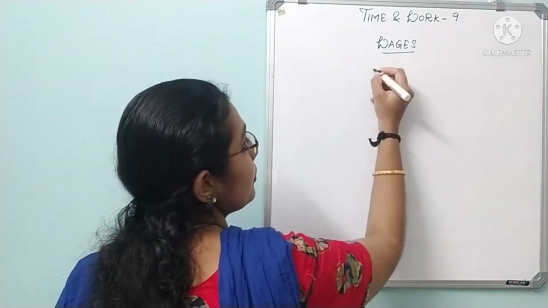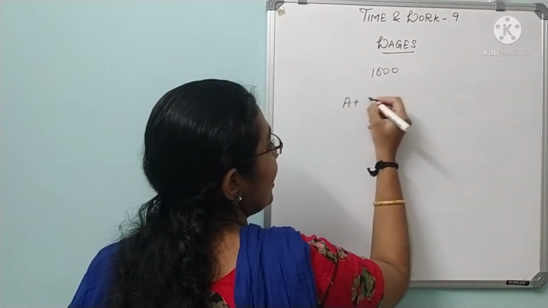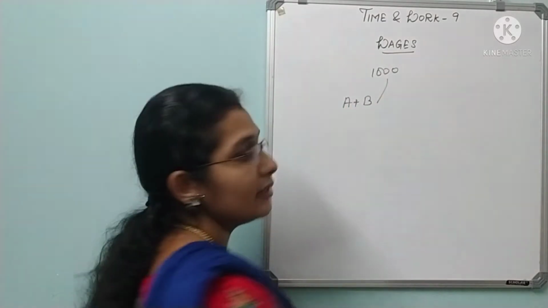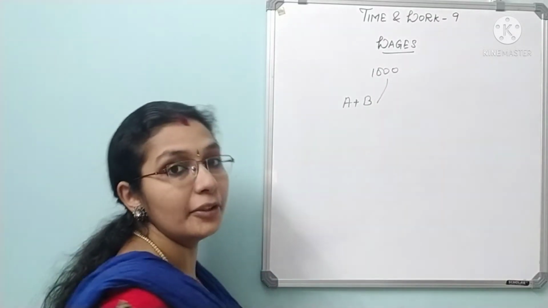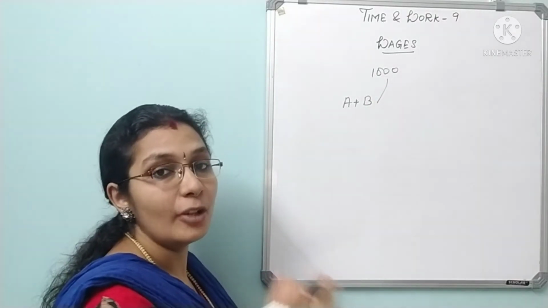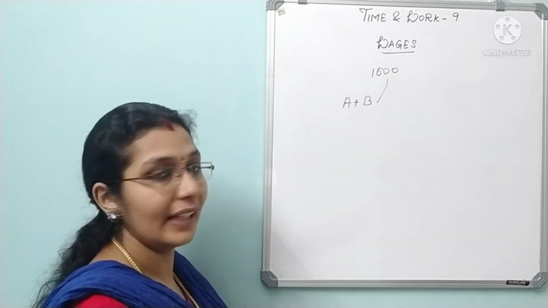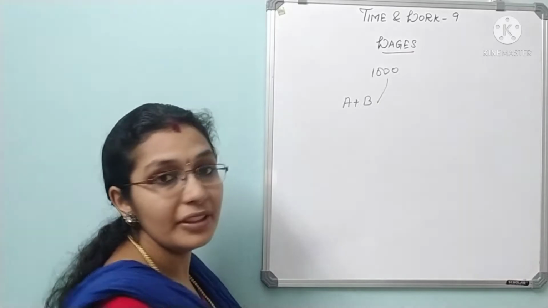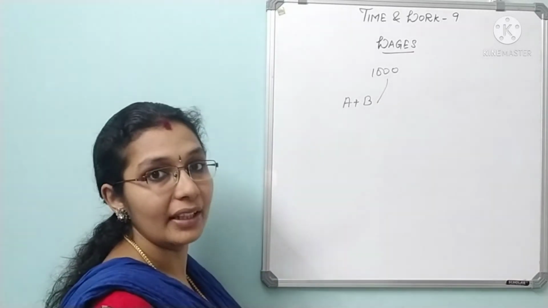Consider an example. You have 1,000 rupees. A and B are working together to get this 1,000 rupees. How will you split it between A and B? Based on their efficiency. If they are working together for the same number of days, say 10 days, I will have to split this 1,000 rupees based on their efficiency.